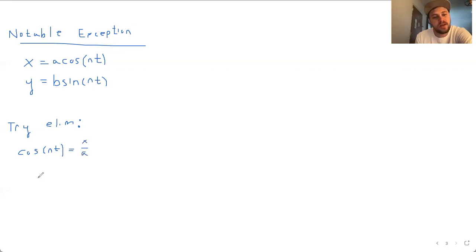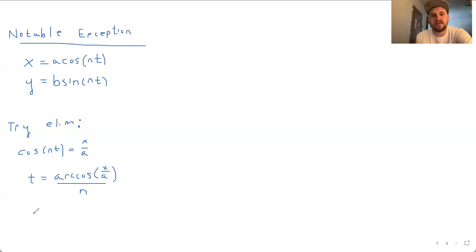So that would give us t, solving for t explicitly. You have to undo the cosine and then divide by n. So when you undo cosine, you have to take arc cosine to both sides. So we get arc cosine of x over a, but then we divided by n to get t by itself. So that's all over n.